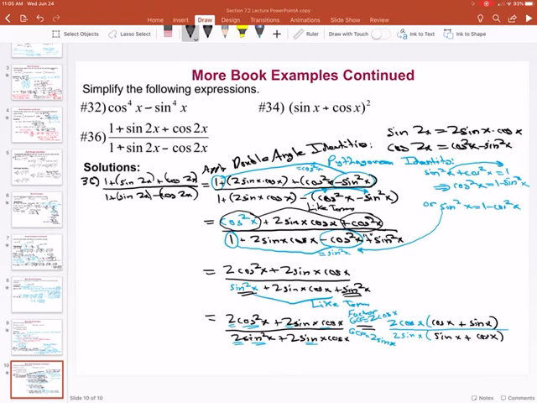And now we have common factors, so they divide out. The 2's divide out. In the end, all we're left with is cosine x divided by sine x, which is our quotient identity: cotangent x.